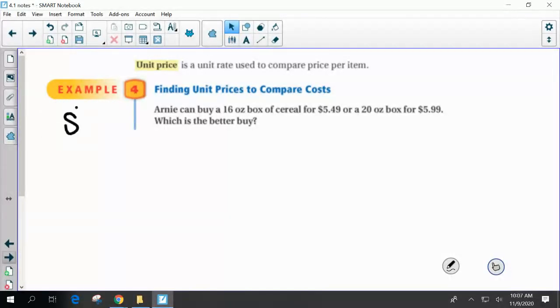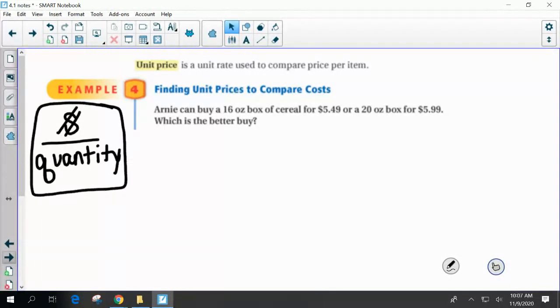So you're going to put the money over the quantity every time. So ounces. So in this case, it's ounces. Sometimes it's pounds. Sometimes it's like per package or whatever it is. Okay, this case, it's ounces. So money over quantity. So this is the same no matter what you're calculating if it comes to like what's the better buy. Always money over quantity.